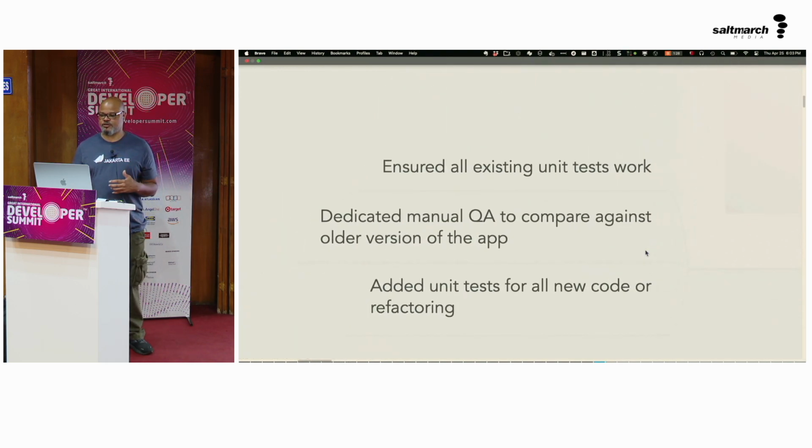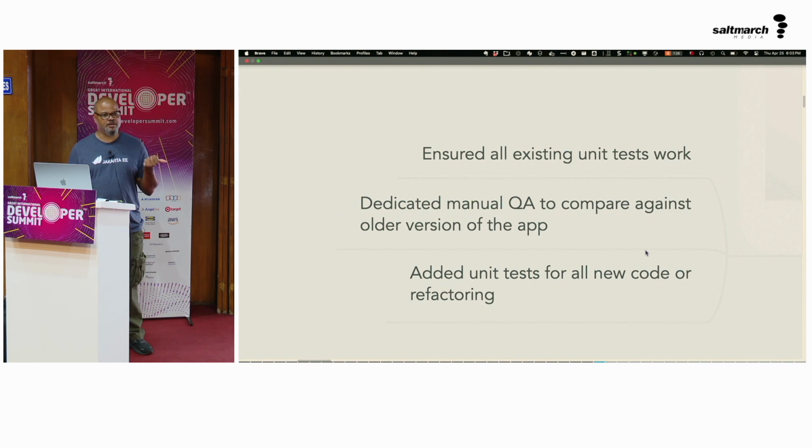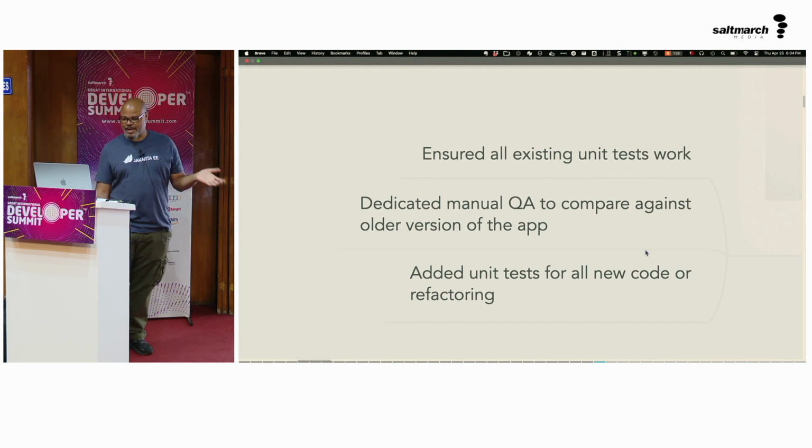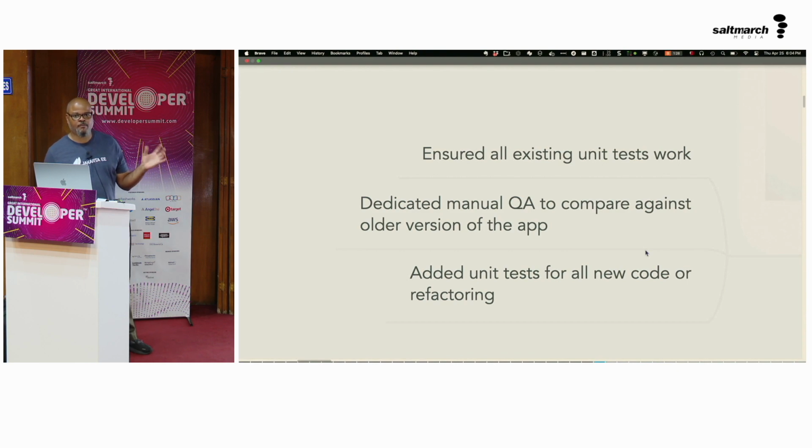What we tried to do was, first of all, make sure the existing unit tests work. This is one of those organizations where they had unit tests, and some of them were failing and they're like, whatever. We tried to make sure that everything that was there would actually run. Fortunately, we had the manual QA to help make sure that it matched the behavior of the old app.